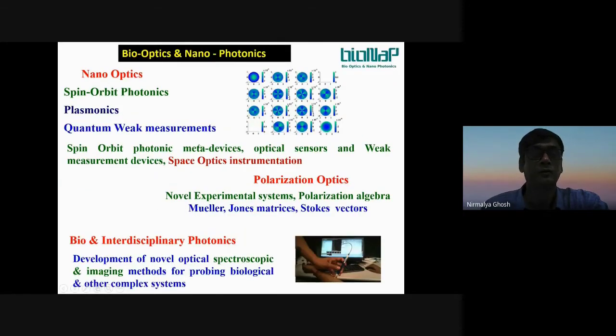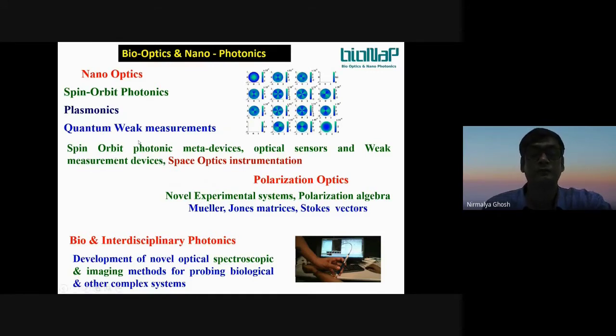Our Biooptics and Nanophotonics group works mainly in the domain of nano-optics, where we study spin-orbit interaction of light, spin-orbit photonics, plasmonics, dealing with surface plasmon resonances, quantum weak measurements, and their application in the classical optics domain.